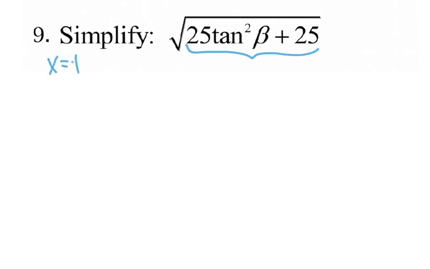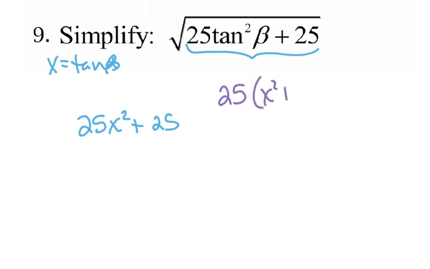Let's let x equal tangent theta for a second, or beta, sorry. And so if I wrote 25x squared plus 25, how could you rewrite that? Did you think of a GCF? Taking out a greatest common factor, so we could have this. And so it's still under the radical.